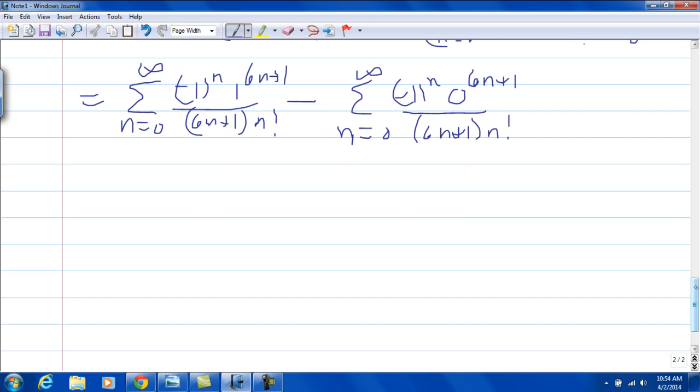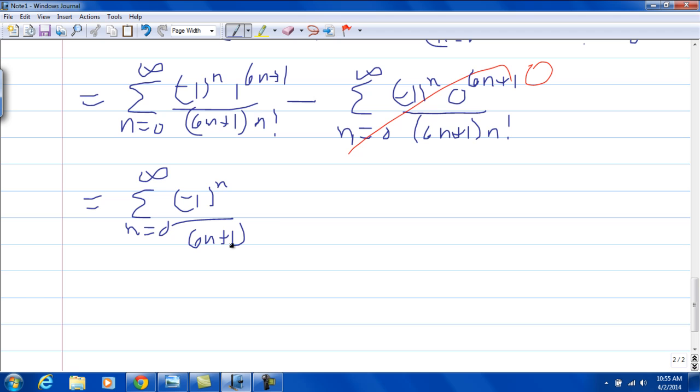And so that second part just becomes 0. So we have the sum as n goes from 0 to infinity, negative 1 to the n times 1, because you can just drop that, 1 to the 6n plus 1 is just 1, over 6n plus 1 times n factorial.